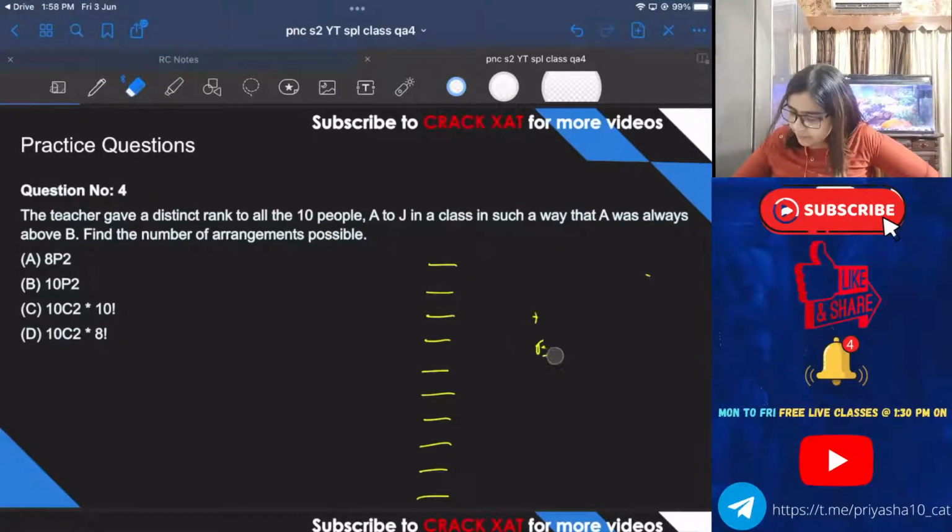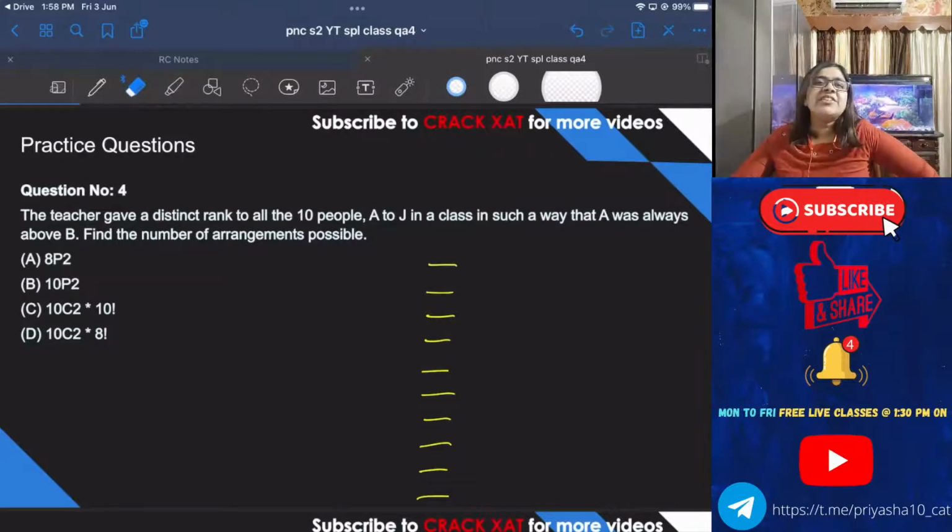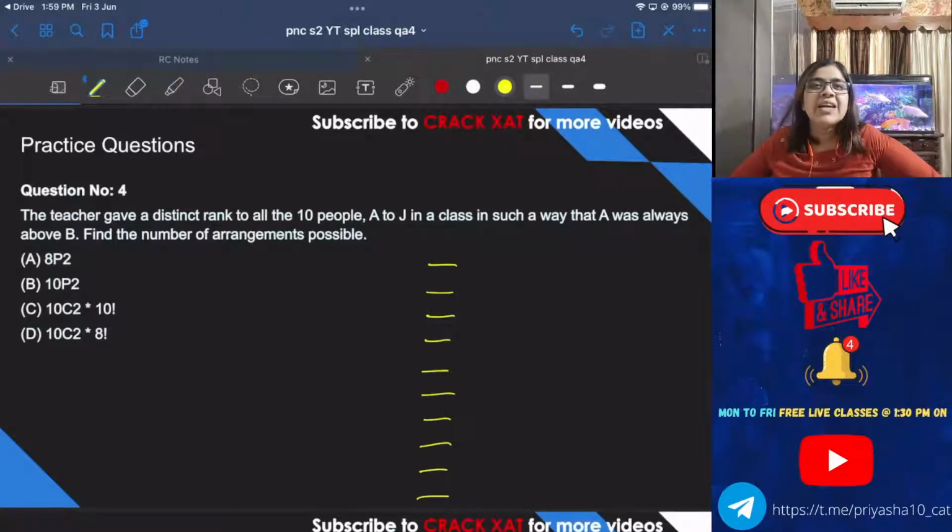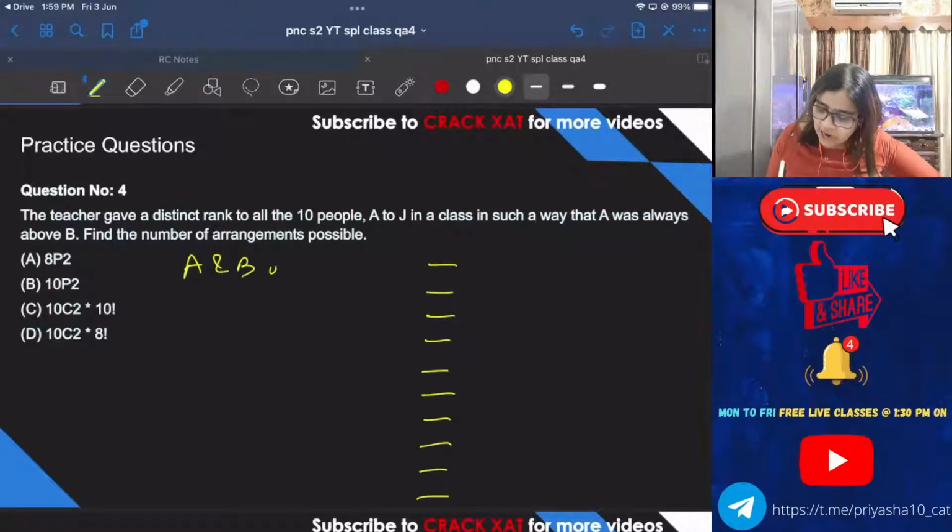तो इस पार्ट पर आकर Nestle से different है ये question, क्योंकि Nestle वाले question पे what we did was it was a fixed position for S and it was a fixed position for L. तो उसमें कोई problem नहीं थी. But here the problem is we don't know कि A and B कहाँ बैठेंगे. We just know that A and B out of 10 are fixed.